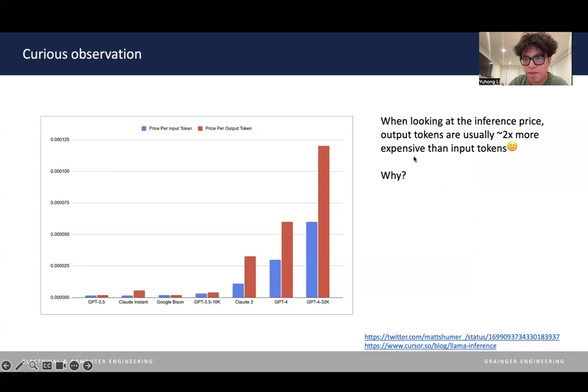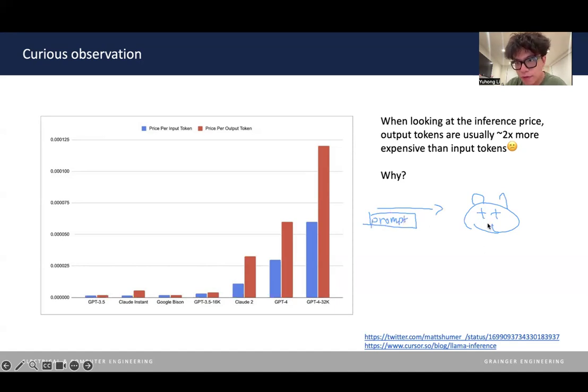Why do we need Medusa? Okay, so when we look at the inference price, output tokens are usually 2x more expensive than input tokens. So for the chatbot, the input is the user's instruction prompt. You can call it whatever you want.